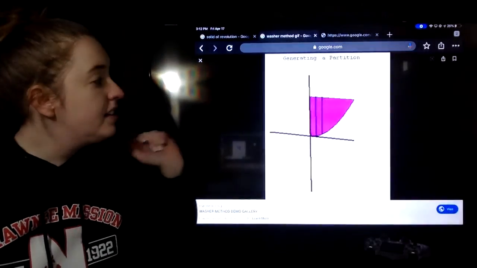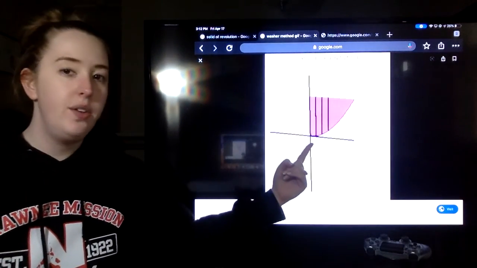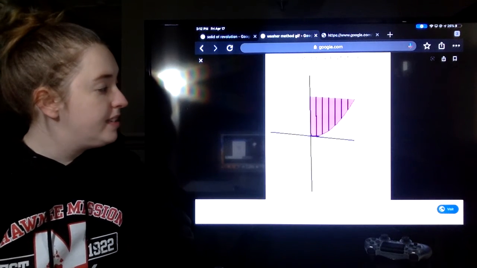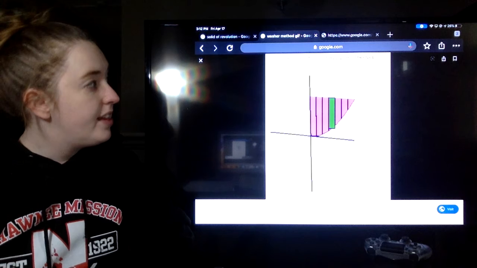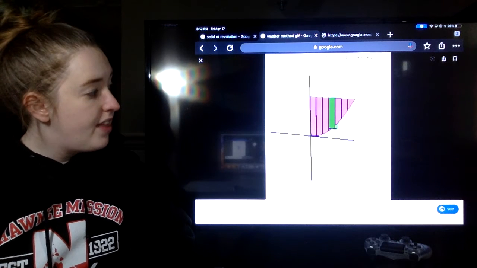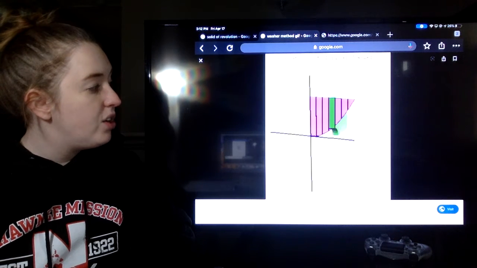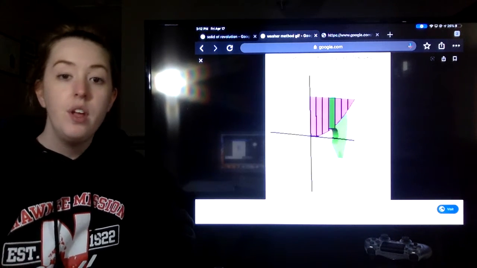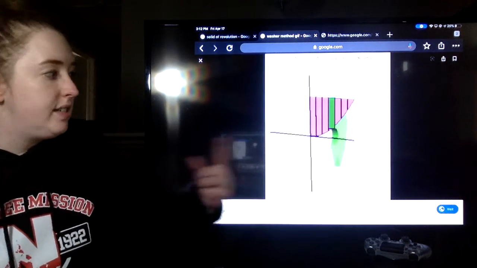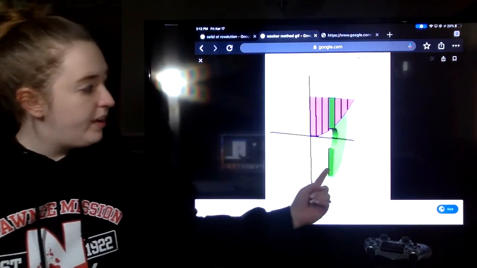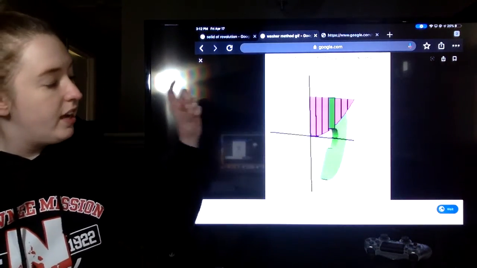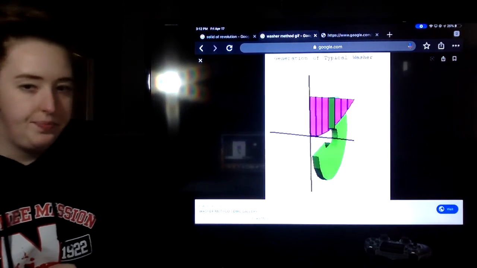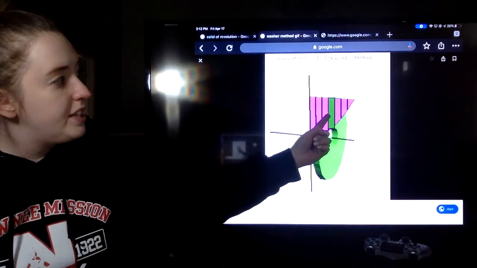So right here, see, it'll kind of show them taking that graph and cutting it up into pieces. And then there's one piece that they will then take and rotate about the x-axis right there. So if you notice, it's going to keep on going around and it's going to make a ring, and that's our washer. So then that's just one partition.